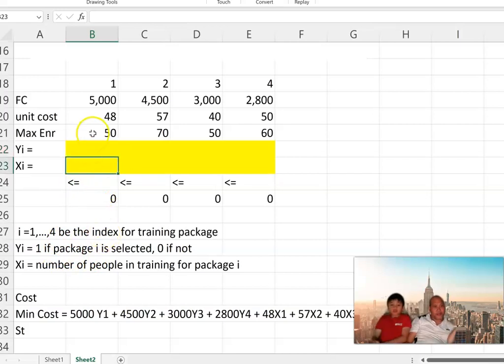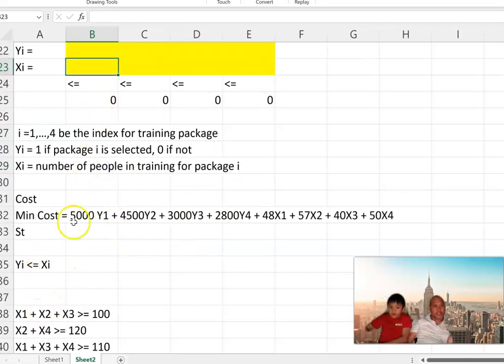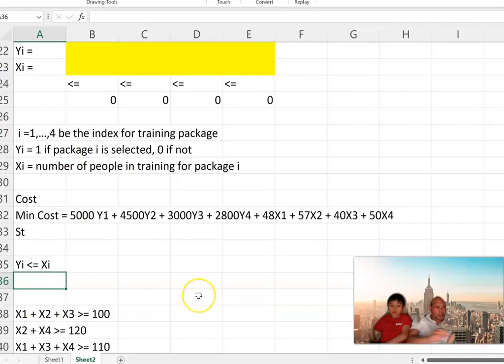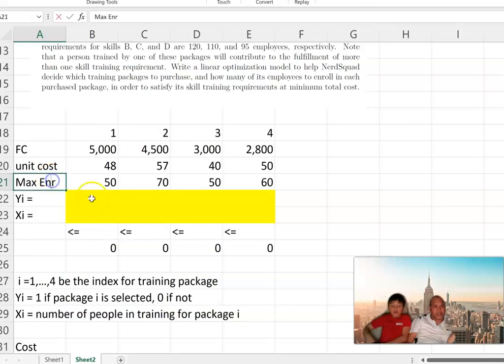Remember that there's a capacity constraint on xi. So how do you incorporate it in here? We say xi must be less than or equal to the capacity of i times yi. The capacities are here, the maximum enrollment.